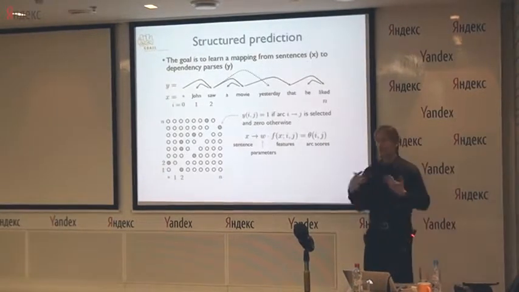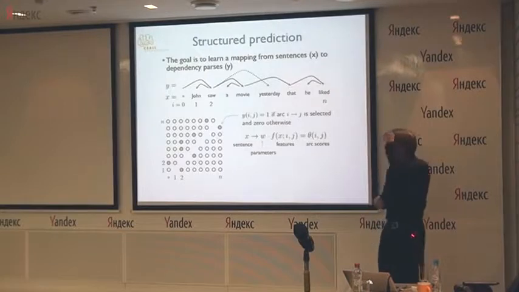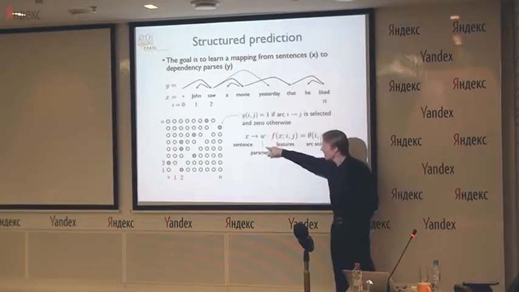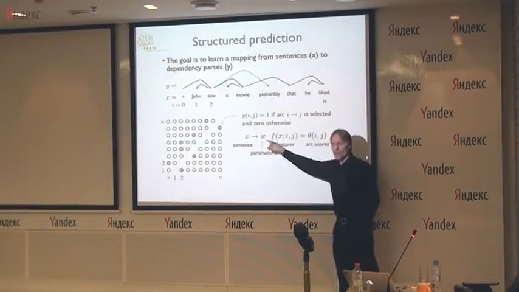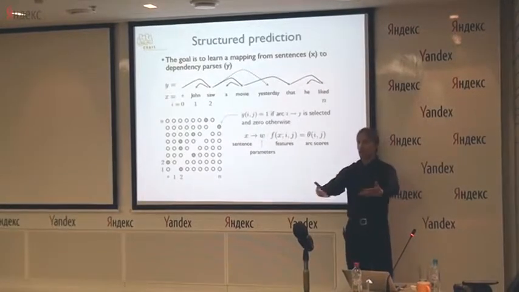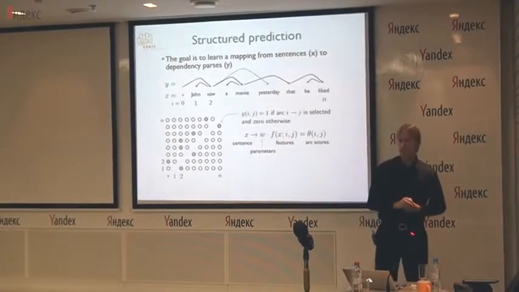And these scores are parameterized, which means that I have to learn how to score, given the input sentence, each arc in the potential tree.